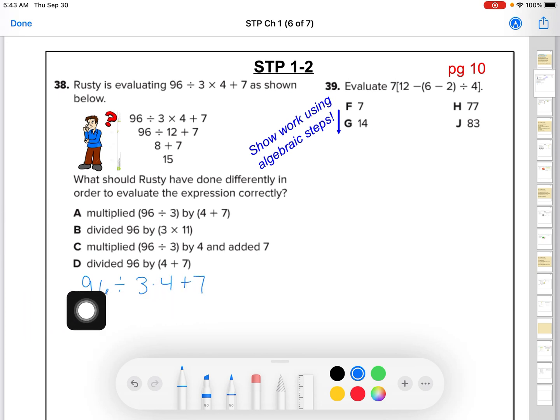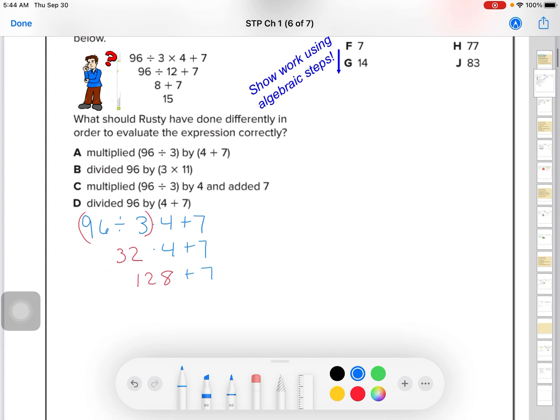I know that I have to do multiplication and division from left to right. So the first thing I'm going to do is divide these two numbers, which would give me 32. Then I have times 4 plus 7. Now I will do my multiplication, and that 32 times 4, if I work it out in my head right now, I'm getting 128 plus 7.